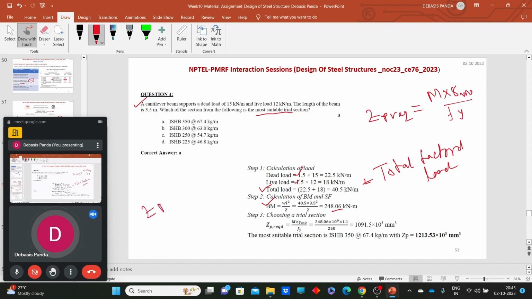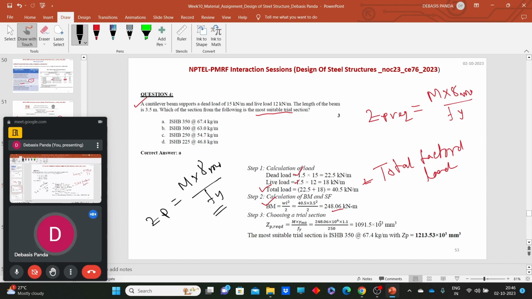Now we need to select the section. So we need to calculate the Zp required. Zp required will be equal to M into gamma m0 by fy, because our Md was equal to the value of beta b Zp fy divided by gamma m0. So eventually Zp will become M into gamma m0 divided by fy.